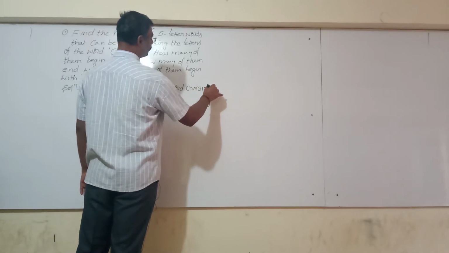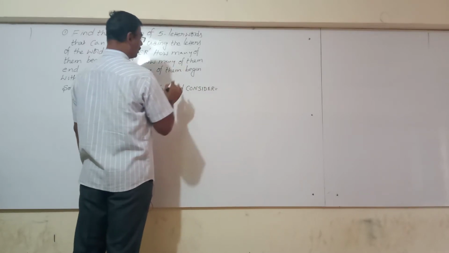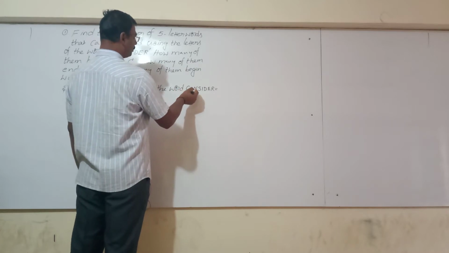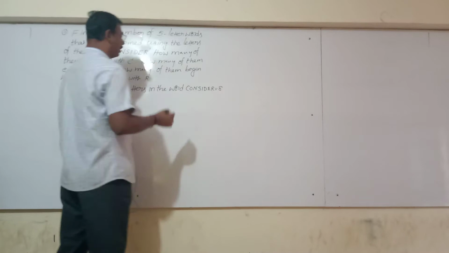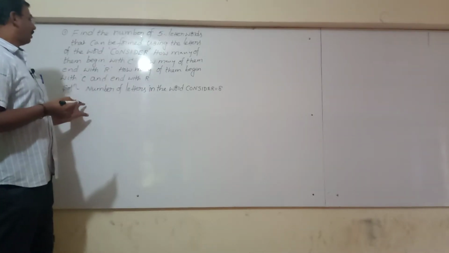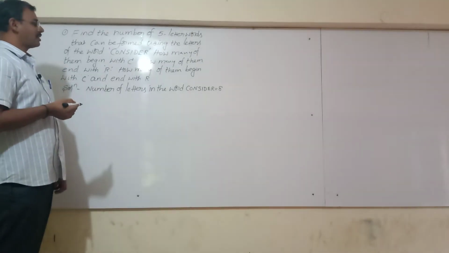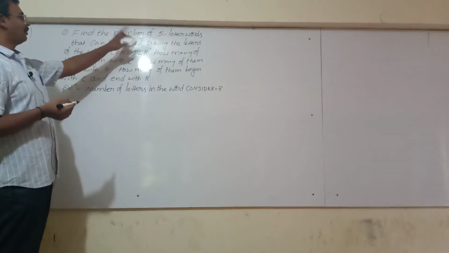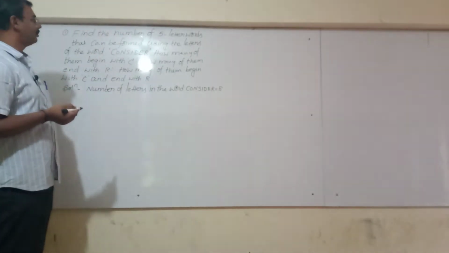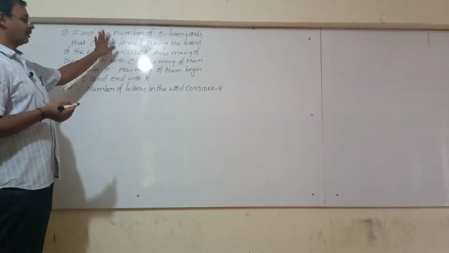Count the numbers: 1, 2, 3, 4, 5, 6, 7, 8. So the total number of letters in the word CONSIDER is equal to 8. Now 5-letter words. We have to form 5-letter words only.